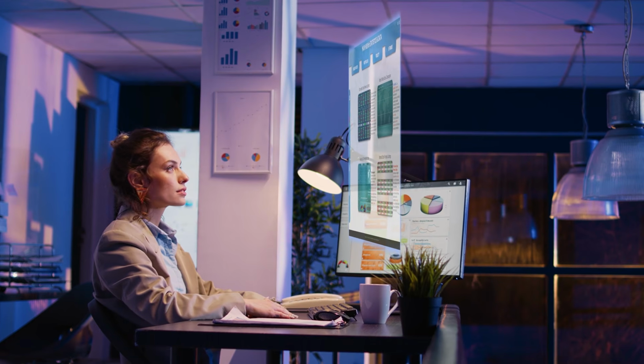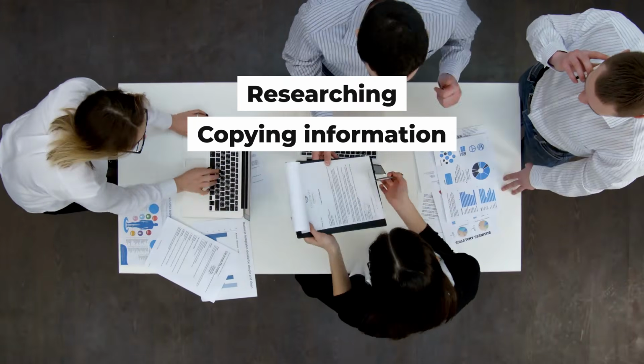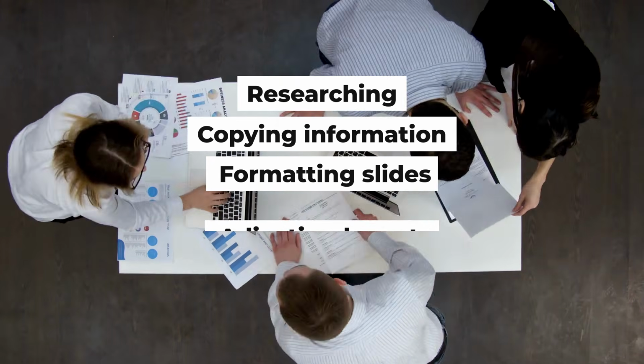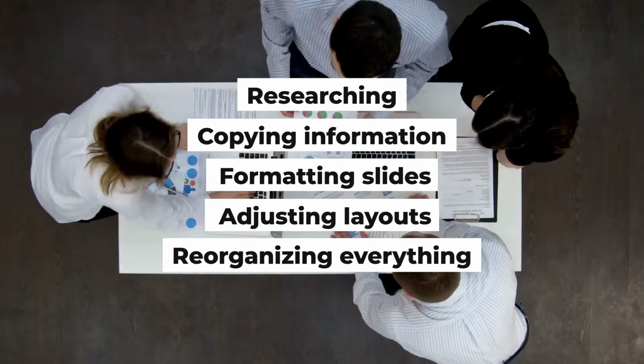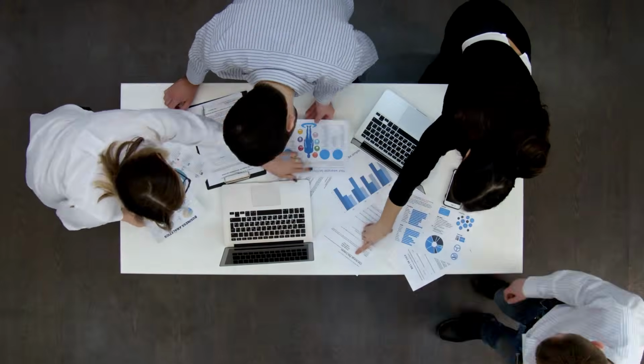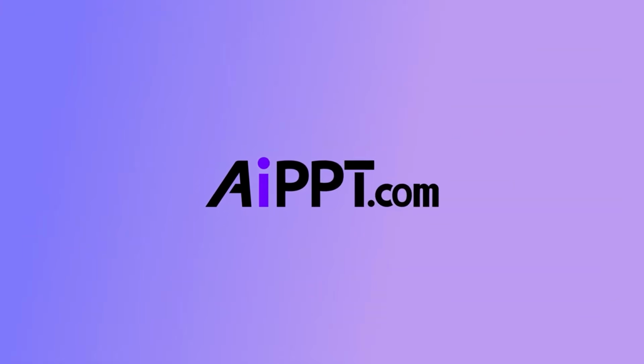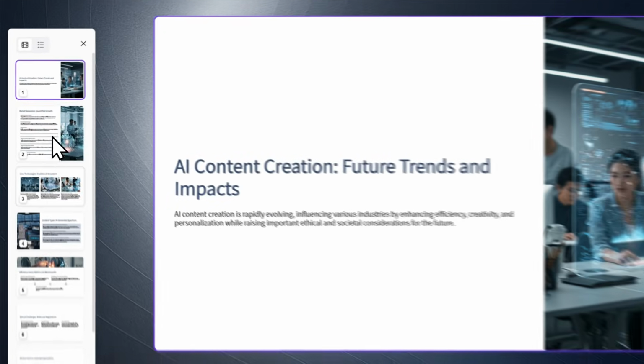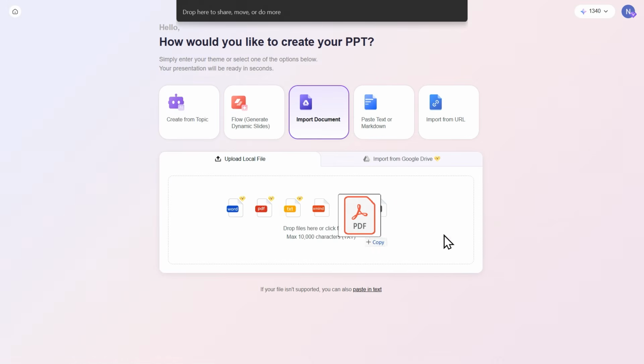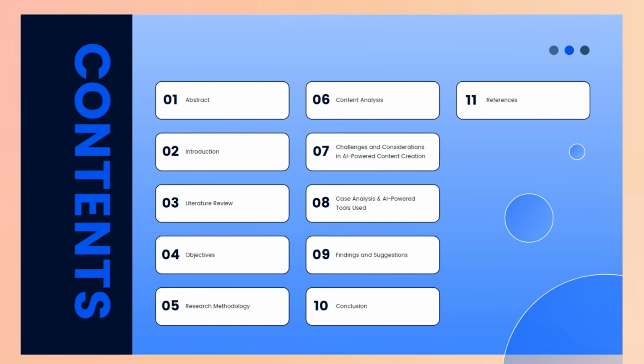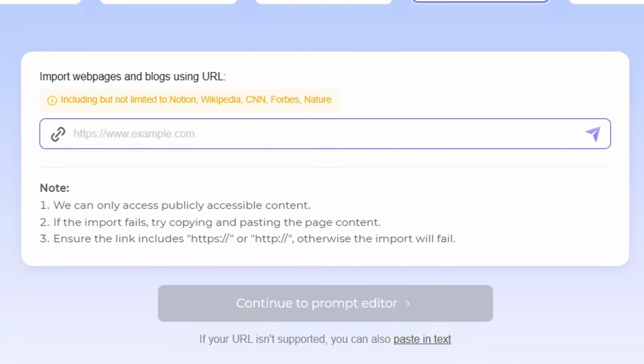Now let's talk about workflow speed. Normally, creating presentations manually means researching, copying information, formatting slides, adjusting layouts, and reorganizing everything. That process can easily take hours. But with AIPPT.com, the workflow becomes topic to generate, document to generate, URL to generate.